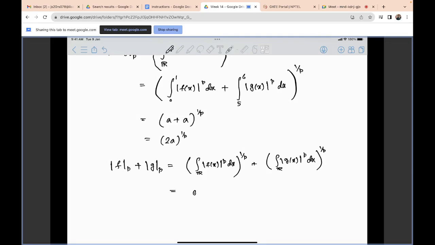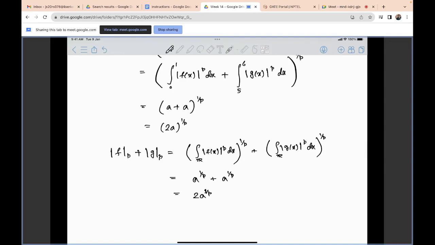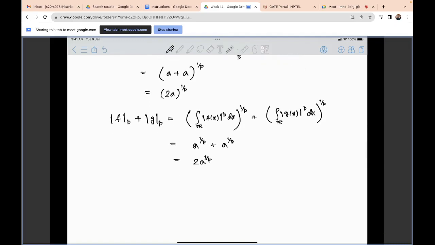The first one is A^(1/p) and the second one is also A^(1/p), so this is 2A^(1/p). But is this true? Is this satisfied?